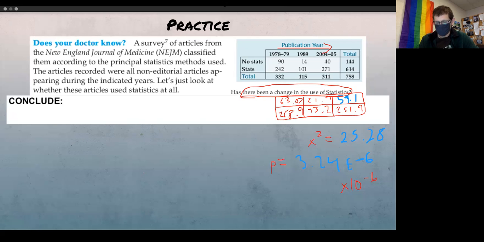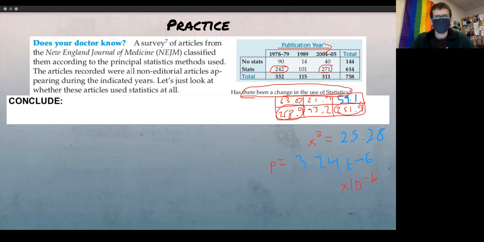More stats. And we can also compare that to the expected counts. Like this was 269 essentially expected, and there was only 242. So that was less than expected. This we had 252 expected and 271. So this one was less than expected in 1978, 79, but more than expected in 2004, 2005. So it looks like stats is being used more and more through time.